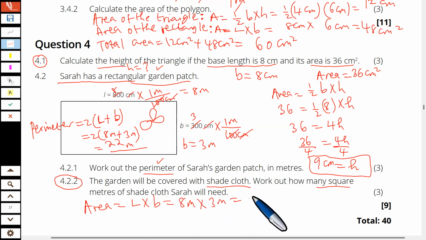What is 8 times 3? It is exactly 24 square meters. So in other words, we're dealing with 24 square meters of area, because they said work out how many square meters of shade cloth will be needed, right?